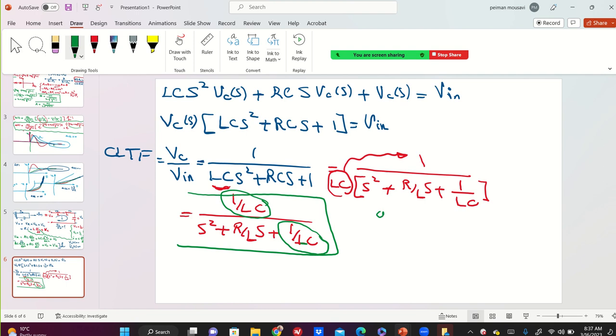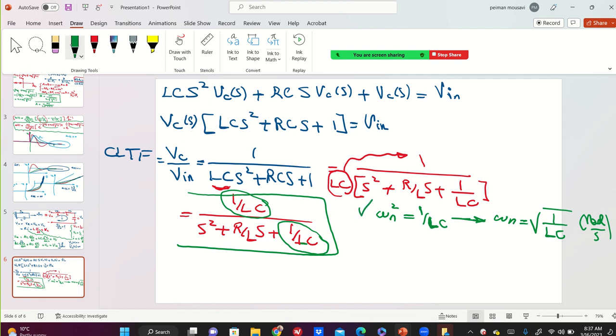So naturally, just like the mass spring damper, your RLC circuit has a natural frequency to oscillate its voltage. The natural frequency of the RLC circuit is going to be 1 over the square root of inductor times capacitor, obviously again in radians per second. Natural frequency is always in radians per second.